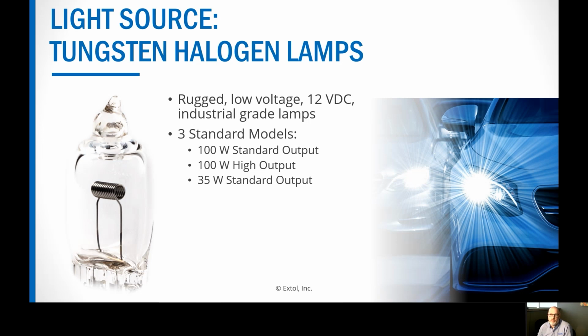There are 3 different standard models we use within the InfraStake offering. We'll talk a little bit about how we select them in a minute. But we use 100 watts in either a standard output or a high output, and then a 35 watt, depending on the module size and what your plastic needs as far as how much energy.